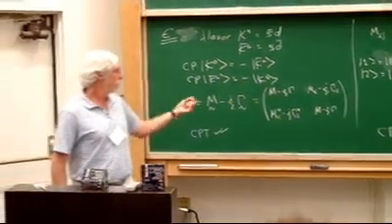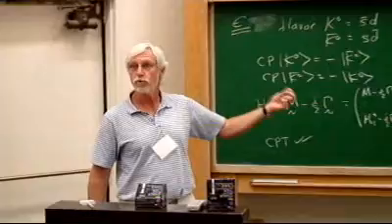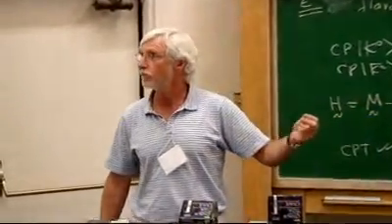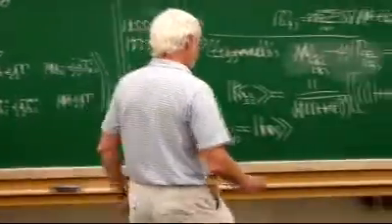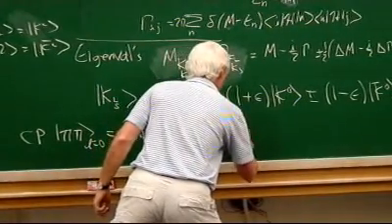Parity gets a minus sign for each pion, you get minus 1 squared, that's plus 1. Very simple. Now let's do CP of 3 pions.